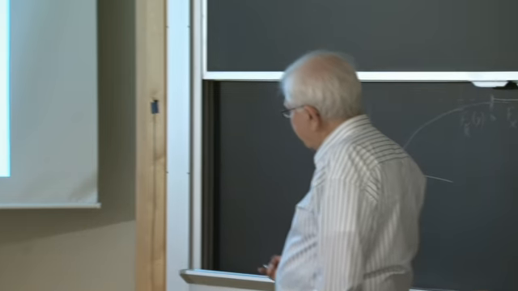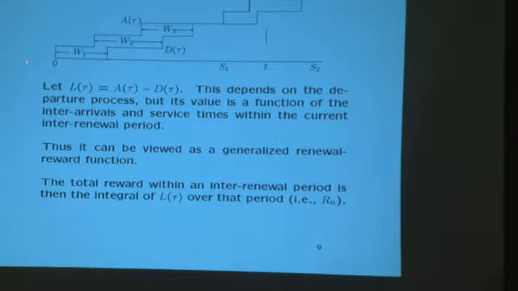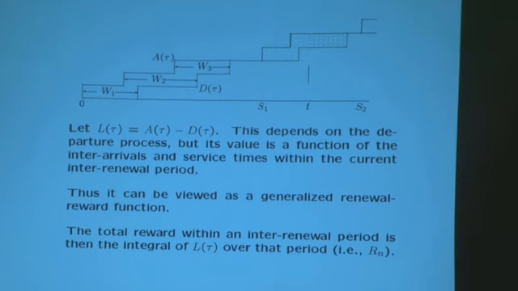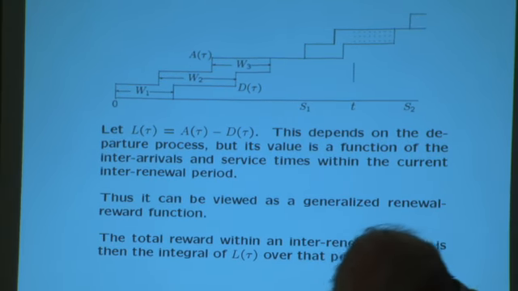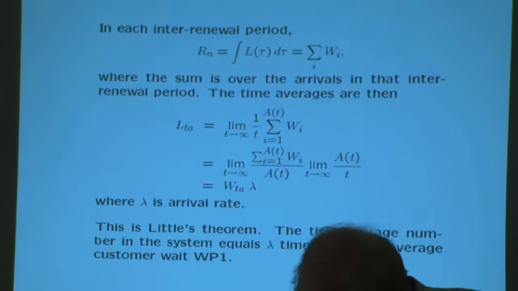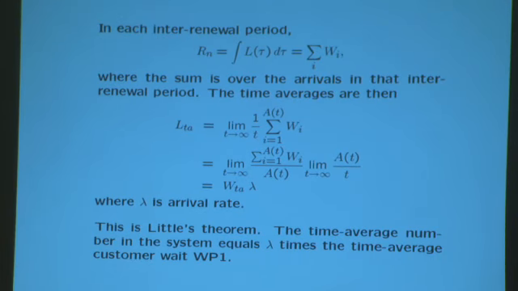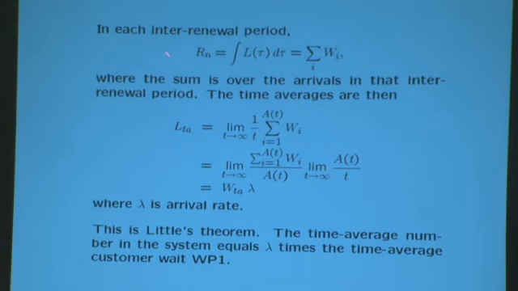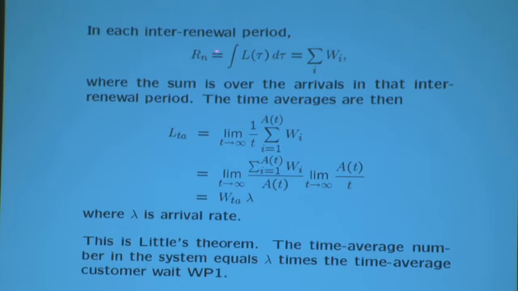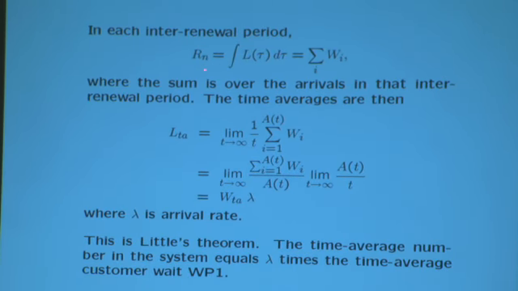So we want to look at L of tau integrated over one renewal period, and then go on to see how we apply renewal theory over that. So in each inter-renewal period, the aggregate number in the system, integrated over the duration of that inter-renewal period, is this integral of L of tau.